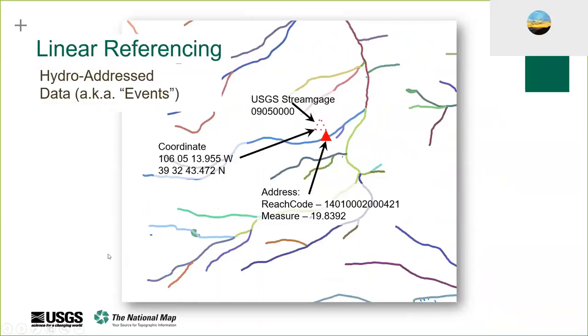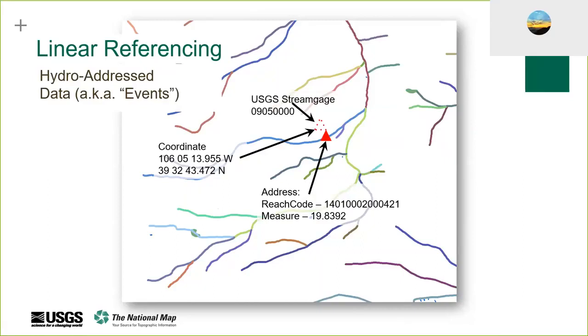So a little bit more about the linear referencing. We'll have something that we want to reference or address to the NHD. For example, we have this stream gauge that sits right here, and it's maybe on the bank of the stream. It doesn't sit exactly on the network. So the first thing we have to do is snap that over onto the flow line network of the NHD.